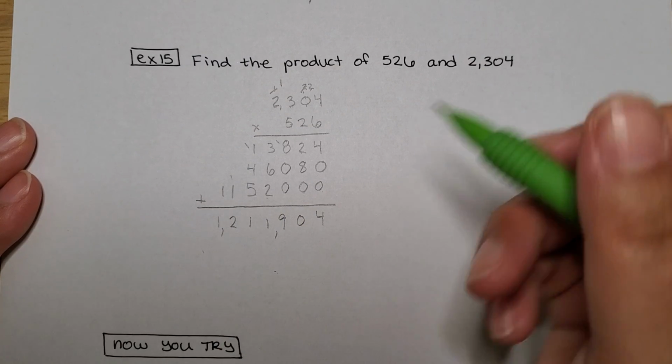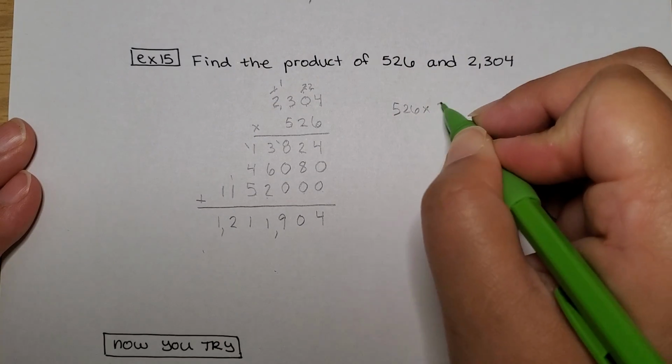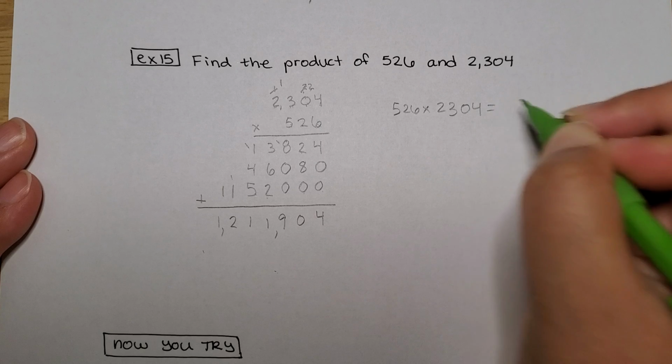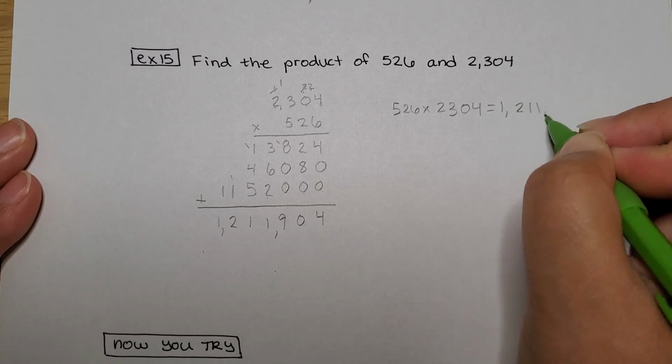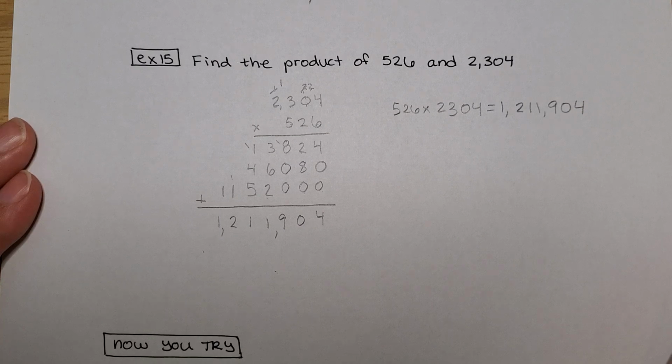So 526 times 2,304 is 1,211,904. There you go.